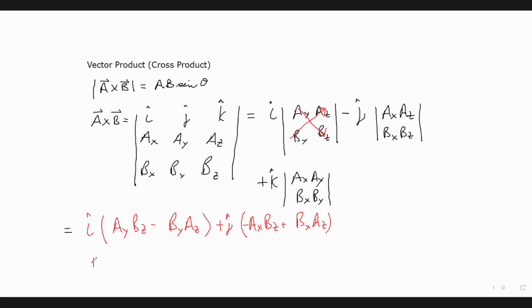And now we have to add the last component, K, which is going to be AXBY minus BXAY. I think I did that right. Okay, so you can either remember how to expand the determinant and simply write this down, or you can just write down this formula and have it for easy reference. But that's the vector product of two vectors. It will always be at right angles to both of the original vectors.